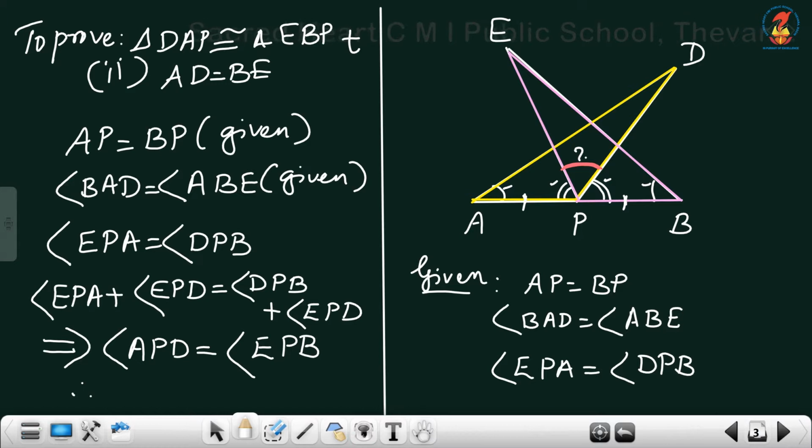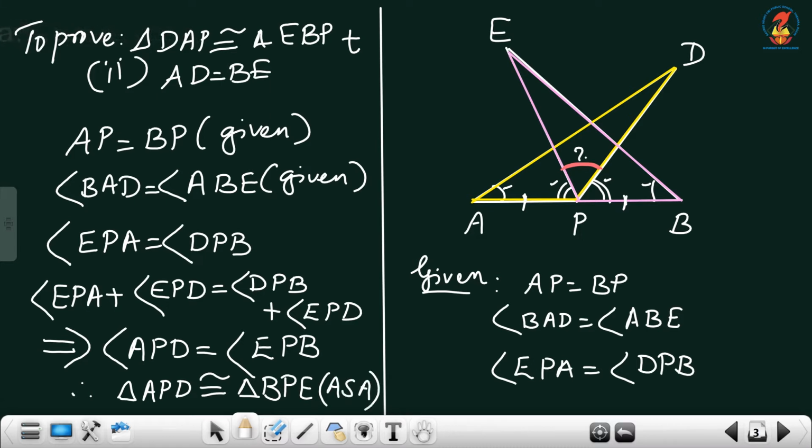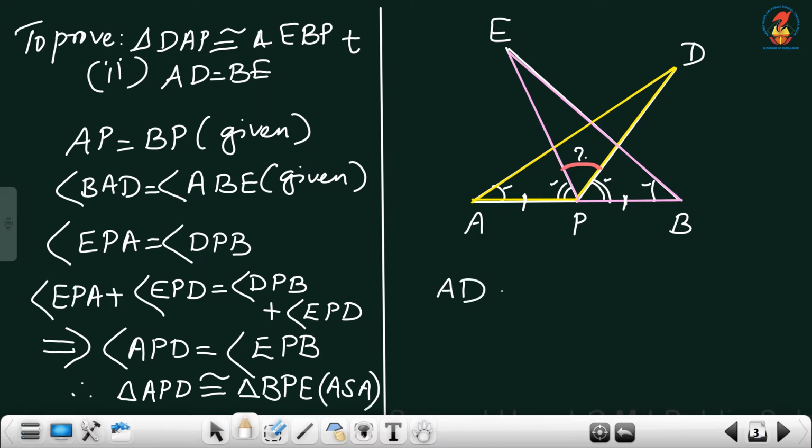Therefore, triangle APD is congruent to triangle BPE using ASA criterion, two angles and the included side. If these two are congruent, we can say AD is equal to BE using CPCT. This is the answer.